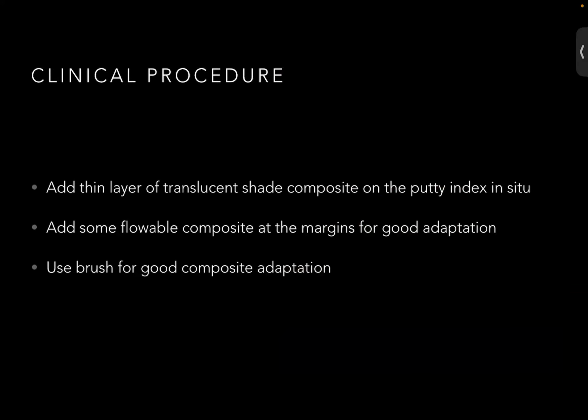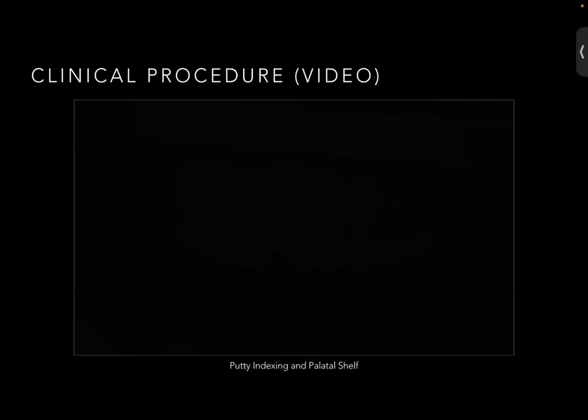Now, let us understand how to make the palatal shelf. You add a thin layer of translucent shade composite on the putty index we have just prepared. Add some flowable at the margin for good adaptation. And then obviously you can use a brush, the pointed brush, for better adaptation. This video is again a video of the palatal shelf being formed on the putty index. Okay.